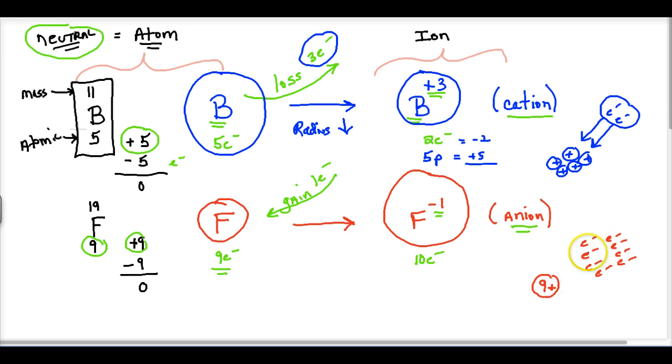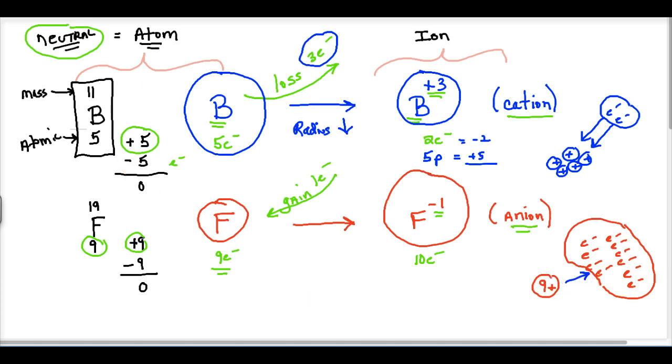And if I gain an electron, now I have 10 electrons, and these 10 electrons outnumber these 9 protons, and they pull away.